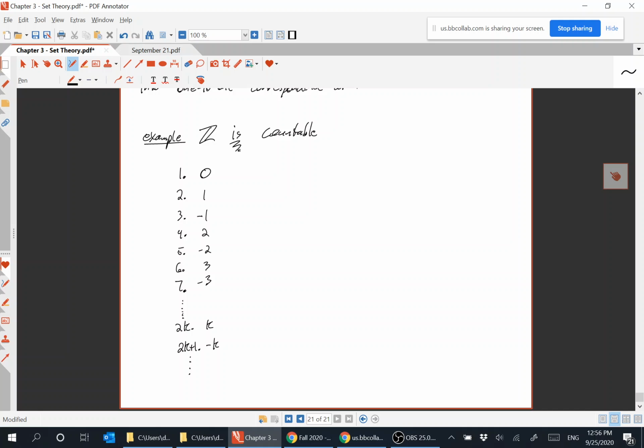So in this sense, Z is the same size as Z plus, even though Z plus, the positive integers, is a proper subset of Z. Z plus and Z have the same cardinality.